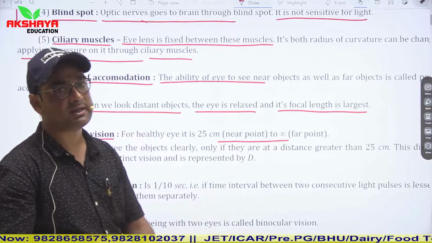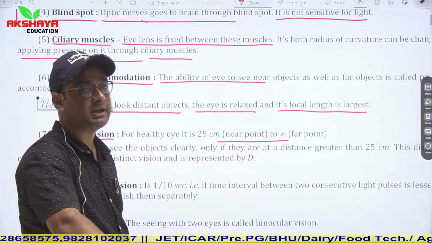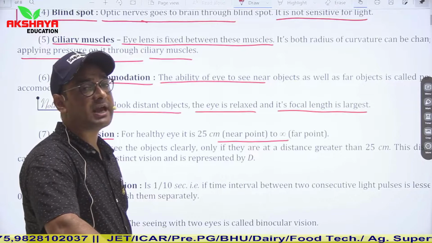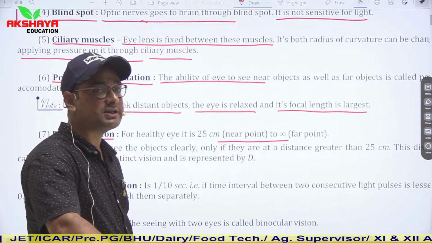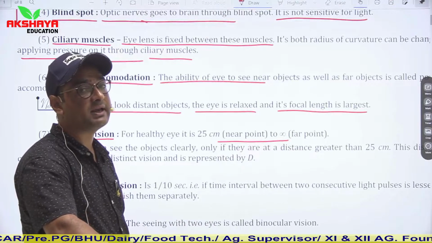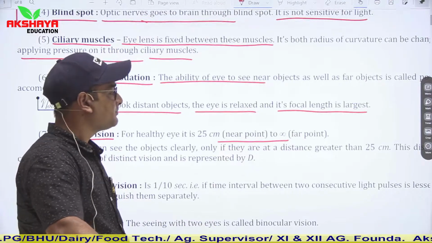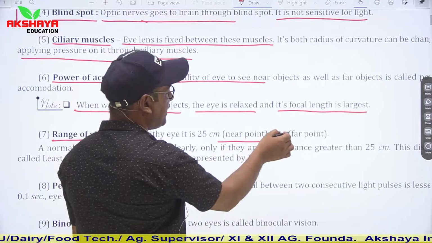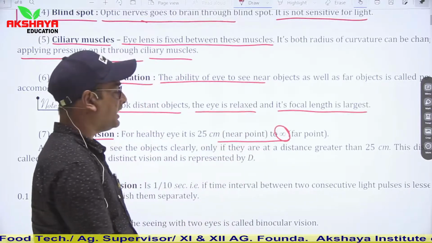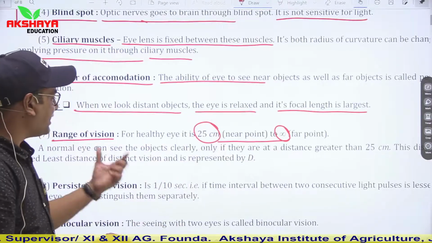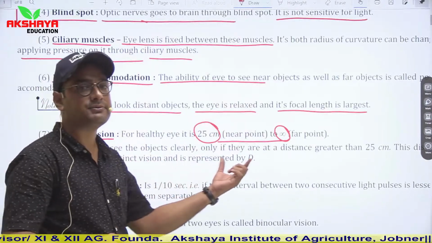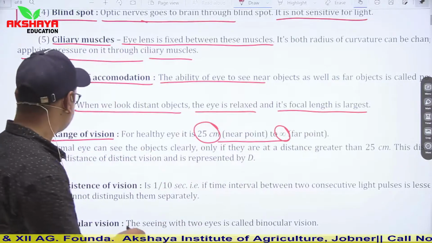The minimum distance of an object up to which its clear image can be seen is known as the near point, and the farthest distance up to which a healthy human eye can see any distant object is known as the far point. The far point is generally taken at infinity and the near point at 25 centimeter.